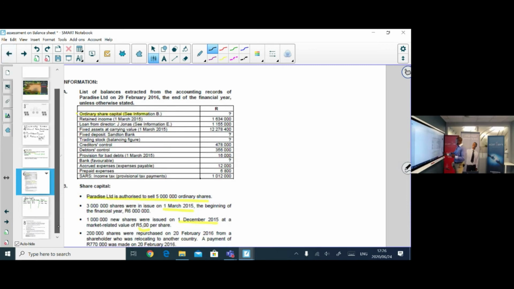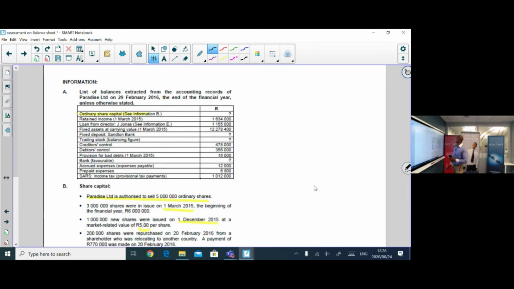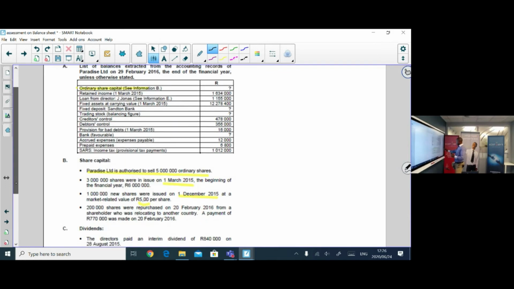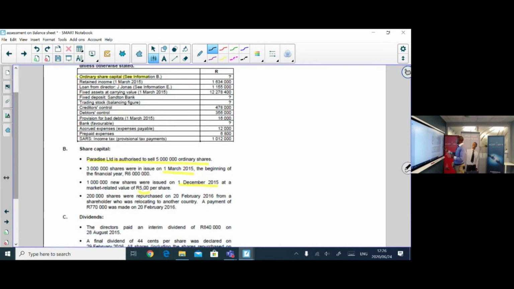200 shares were repurchased on 20 February 2016 from a shareholder who was relocating to another country. A payment of 770 was made on 20 February, so it also falls in our financial year.